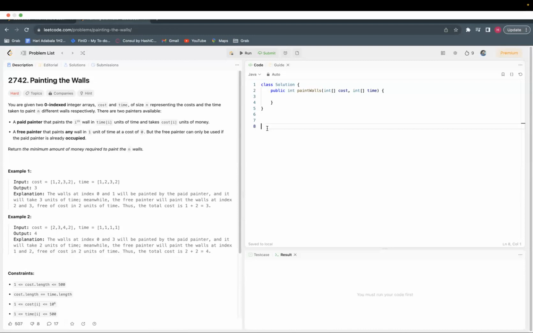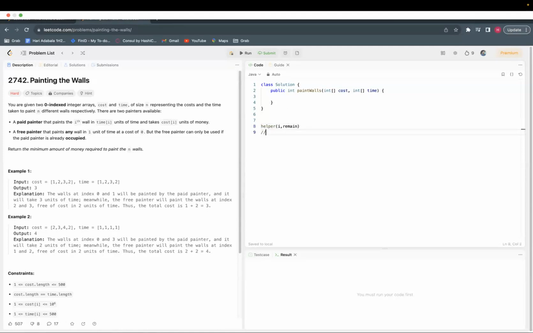We will create a helper function which will take the index that we are at, and the remaining walls that we need to take. So at first from here we will send this as 0, and the remaining walls will be the length of this, right?